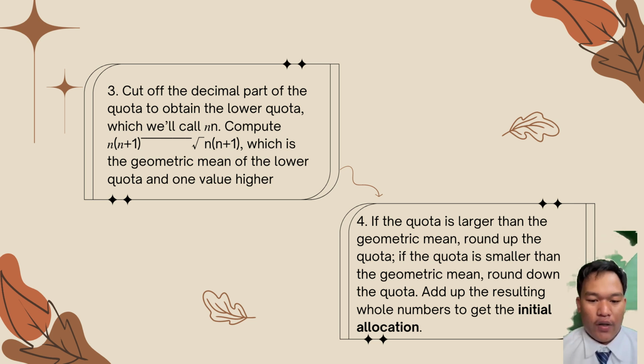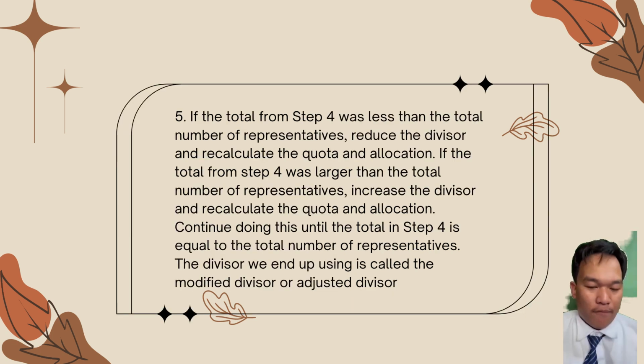Step 4. If the quota is larger than the geometric mean, round up the quota. If the quota is smaller than the geometric mean, round down the quota. Add up the resulting whole numbers to get the initial allocation. Step 5. If the total from step 4 was less than the total number of representatives, reduce the divisor and recalculate the quota and allocation.